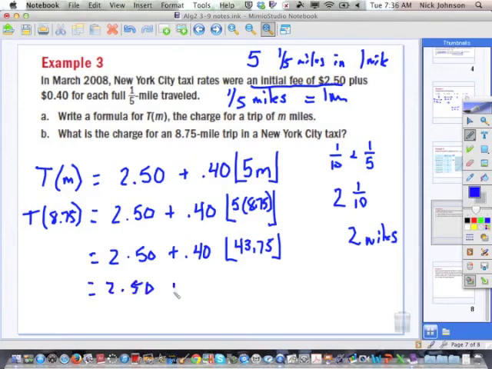So I'm only getting charged for 43, not getting charged for that 0.75. 43 times 40 cents plus 2.50 is going to give me $19.70 to go 8.75 miles, which ain't too bad of a price. Maybe in New York.